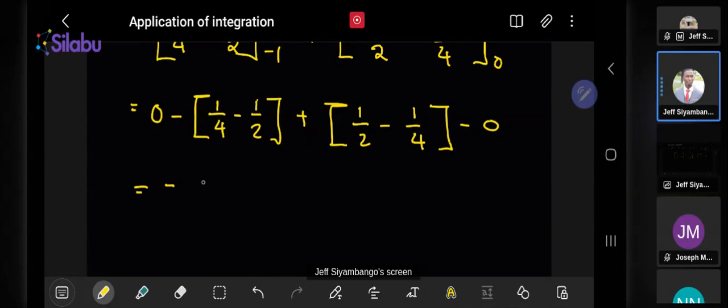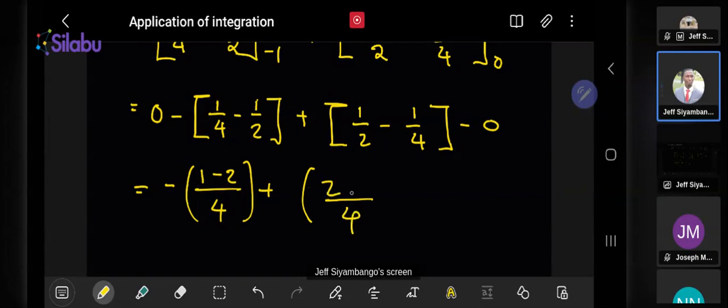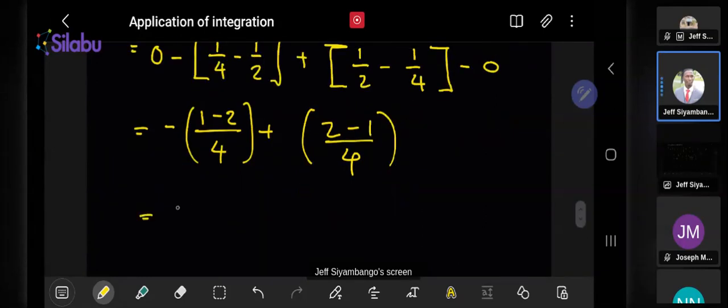This is going to be over 4, 1, this is 2, minus 2, and then plus, same thing here. This is over 4, 2, 2 there, and then minus 1 here. So you get minus, with the minus on top, that becomes positive 1 over 4, and then plus, this is also going to be 1 over 4.